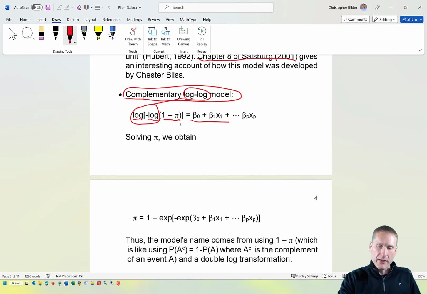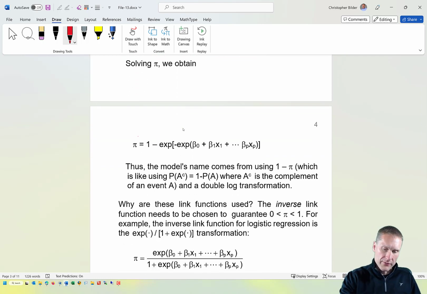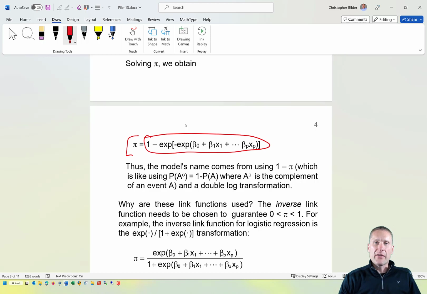And then I set all this equal to then that linear predictor. One could rewrite the model like this as well. In both cases, with a probit model and a complementary log-log model, whatever you have on this right side, when you just have pi on the left side, you are guaranteed to always be between 0 and 1. More on that coming up.